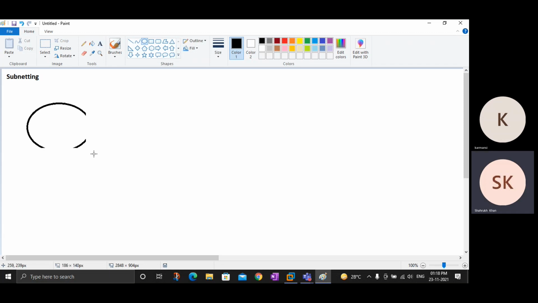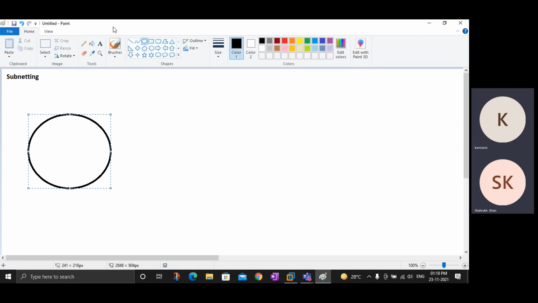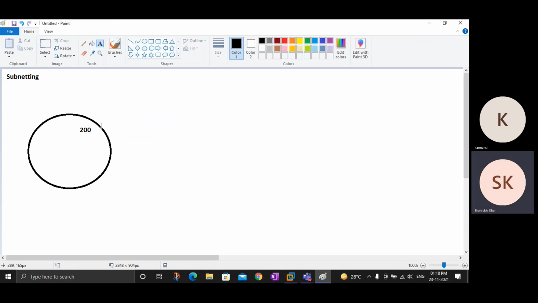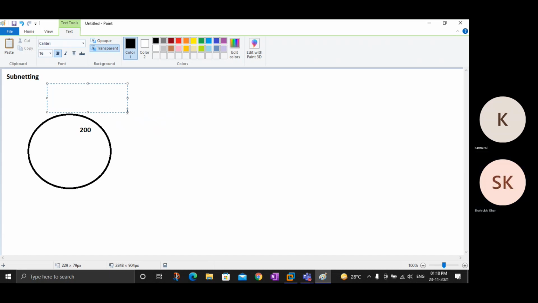Like first of all, let's say I want to create a team, and in that team I want 200 systems to be connected with each other and they can communicate with each other. So which class would be better for this situation? Class A, B, or C?